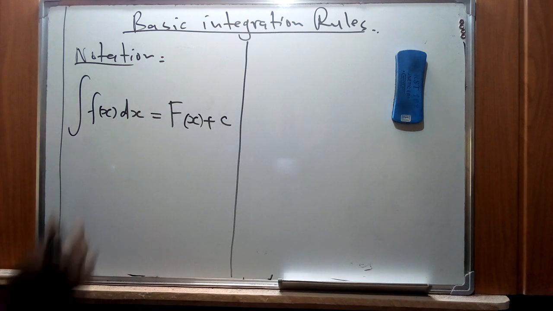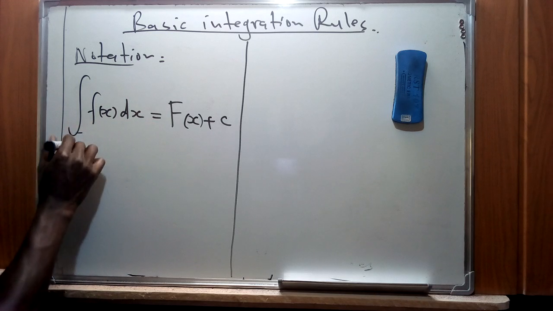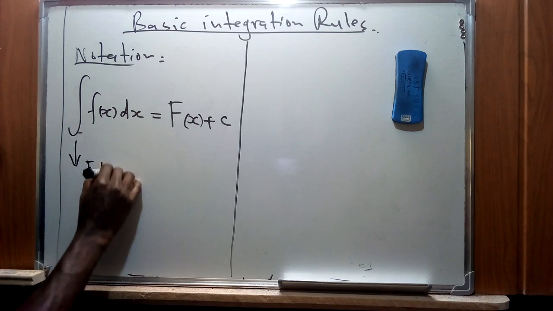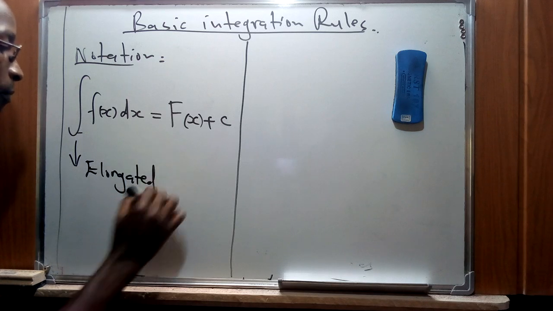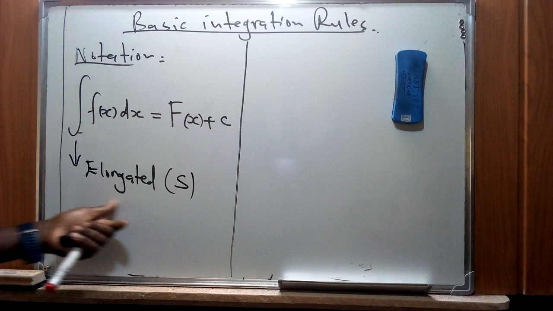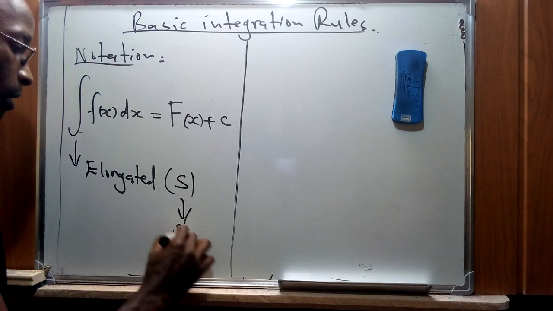So this first part is what we had given as the notation for an integral function, whereby we said that this elongated symbol is an elongated form of the letter S that basically refers to the concept of sum.